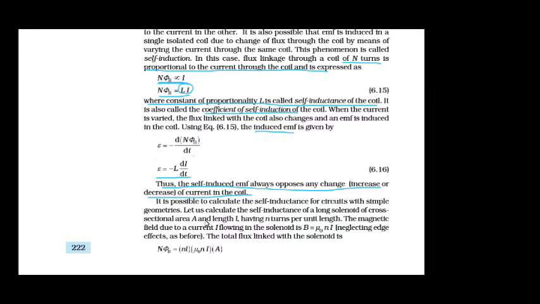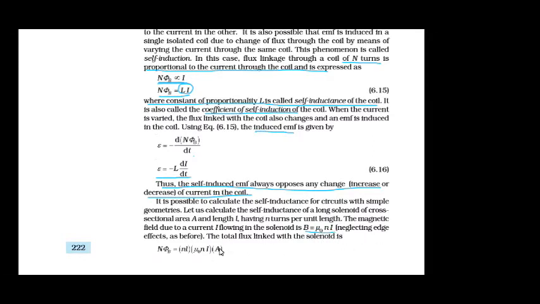It is possible to calculate the self-inductance of the circuit with simple geometries. Let us calculate the self-inductance of the long solenoid of cross-sectional area A and length l, having n turns per unit length. The magnetic field due to the current I flowing in the solenoid is B is equal to mu naught nI.